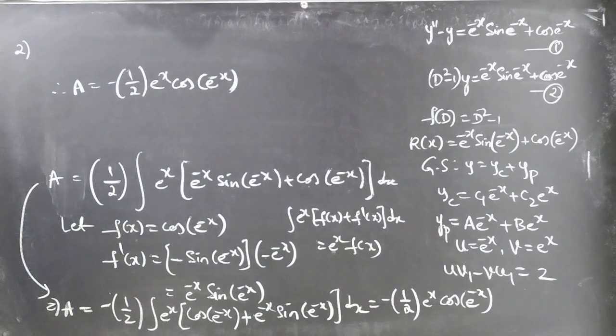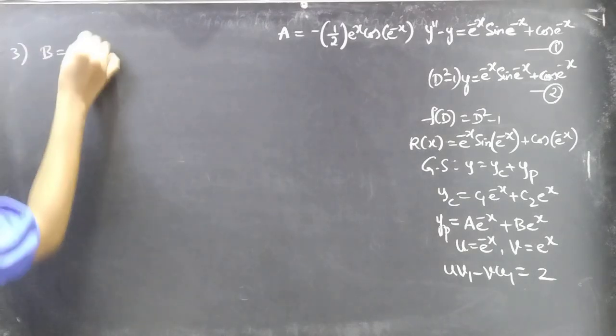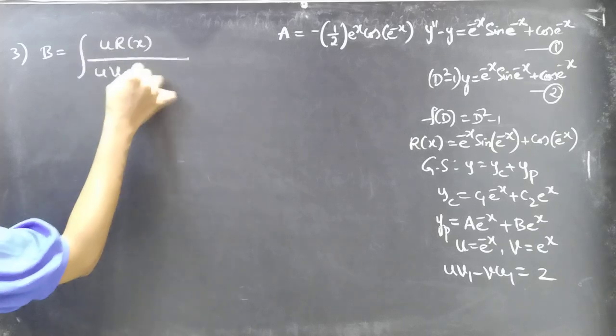Now coming to B. B is given by the integral of u into r of x by u v1 minus v1 into dx.